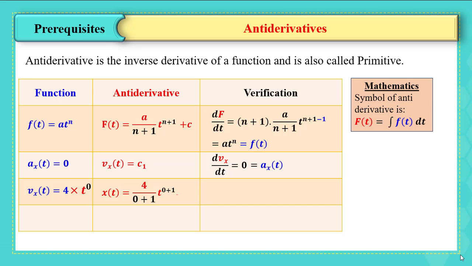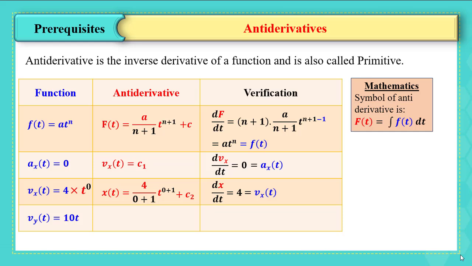Now verify it. The derivative of 4t plus c2 is just 4. In another way, you can ask yourself, what is the function whose derivative is just 4 or constant? It is 4t plus constant.